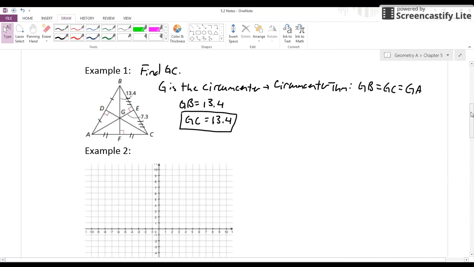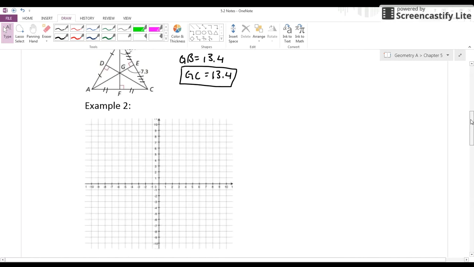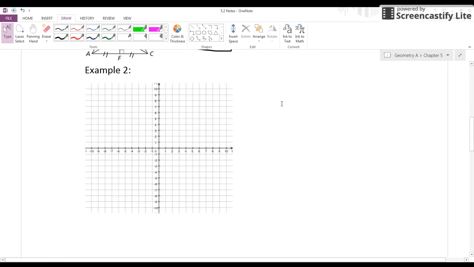All right, let's move on to example 2. So how will we find a circumcenter graphically? Let's first plot some points and make a triangle. And let me just write the directions really quick. So we are going to find the circumcenter of the triangle.